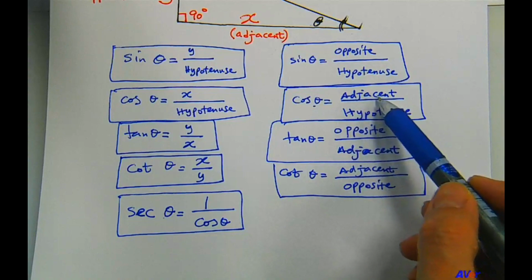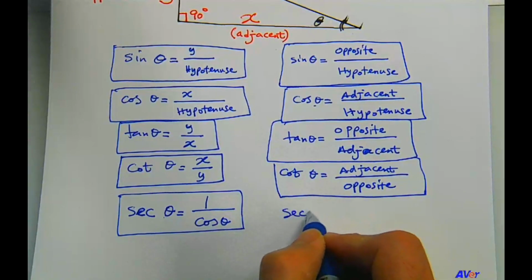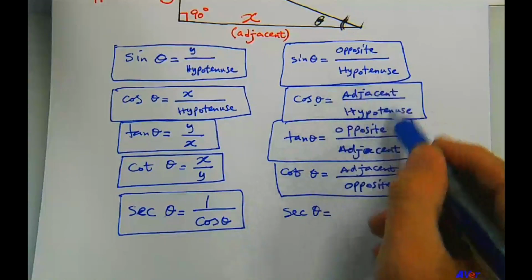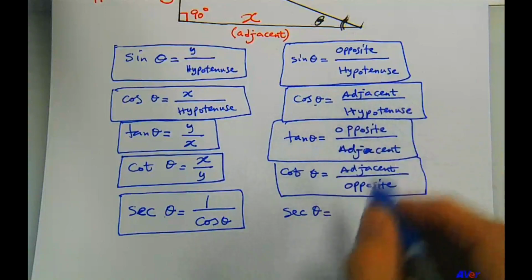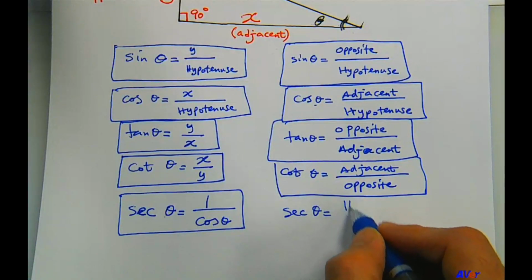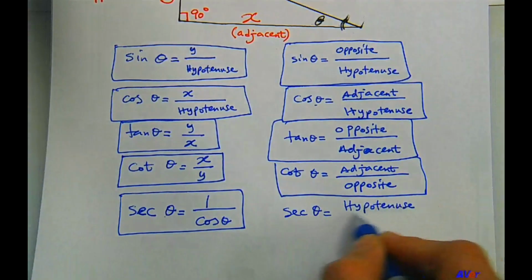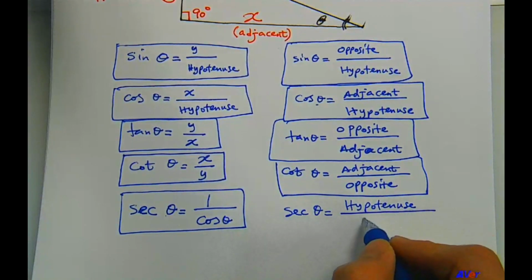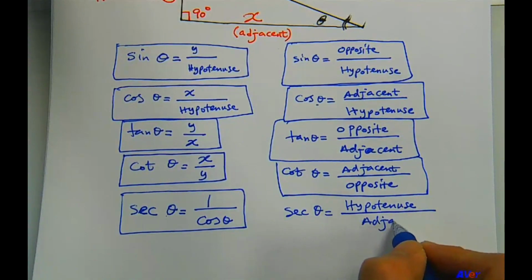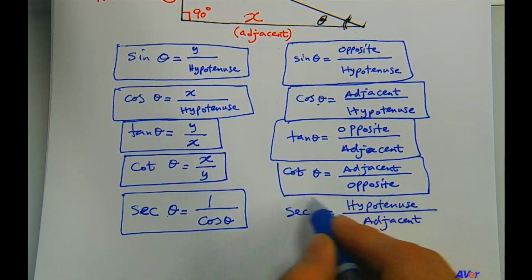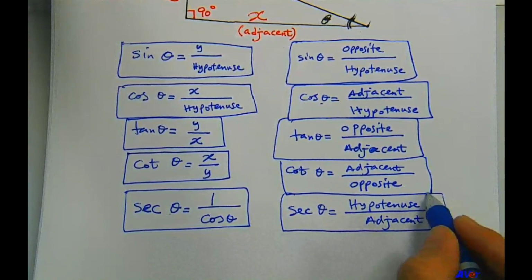So taking the reciprocal, secant of theta equals the hypotenuse divided by the adjacent side.